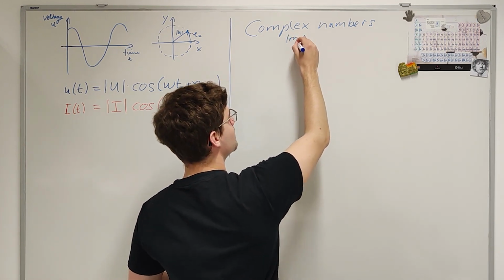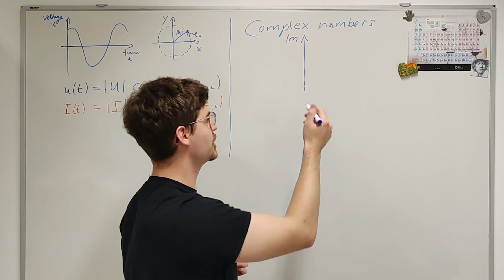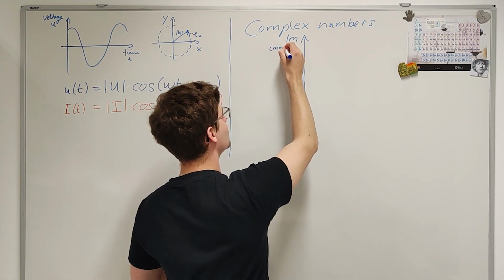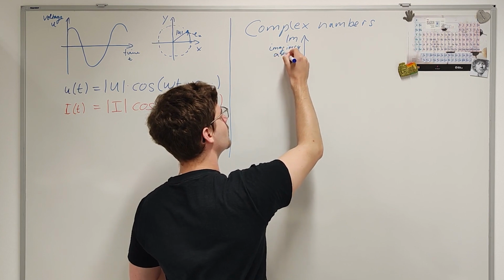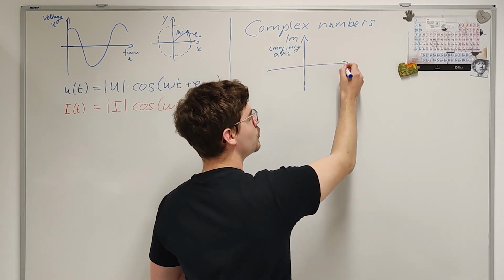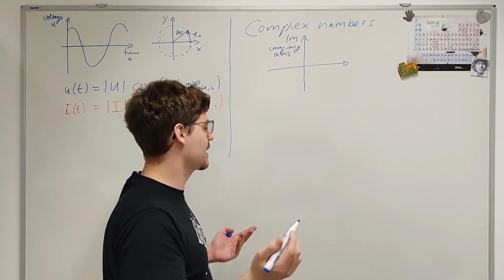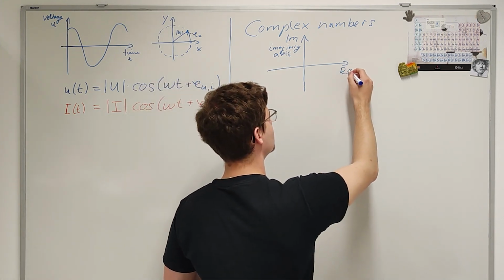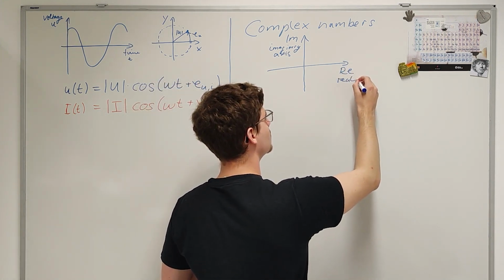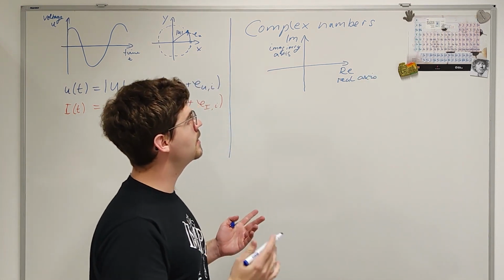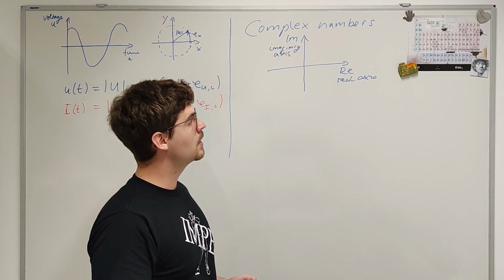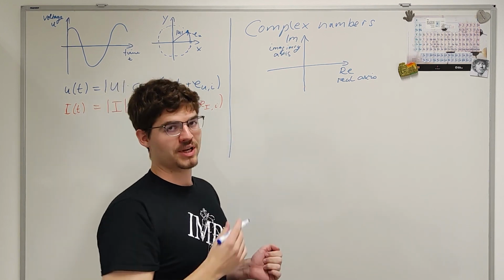I will denote the imaginary axis with IM for imaginary, and the real axis with RE for the real axis. And in this complex number plane, all complex numbers are located.